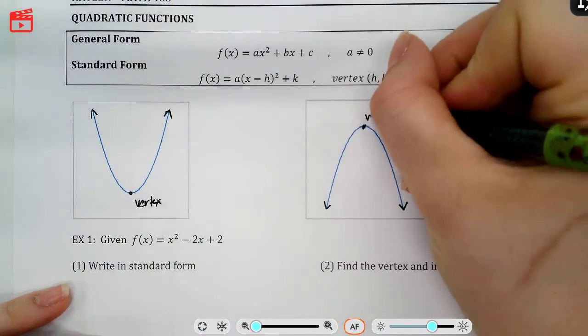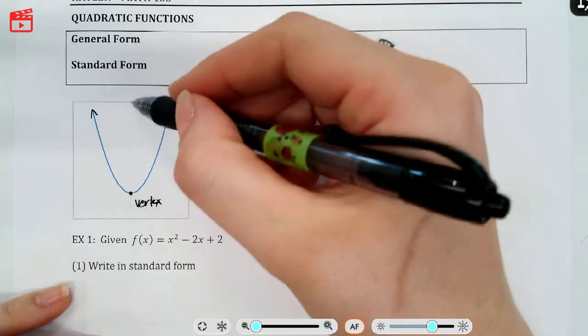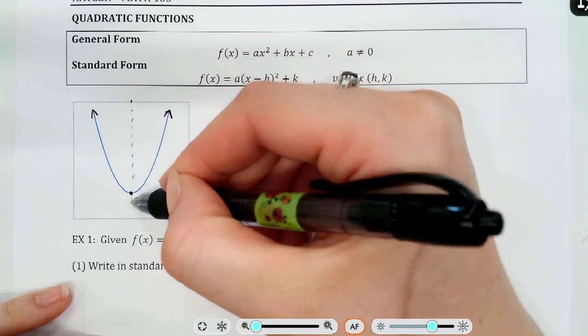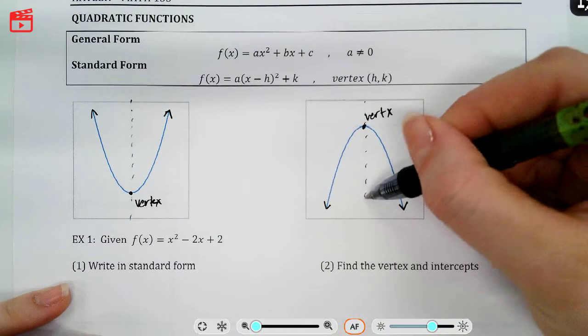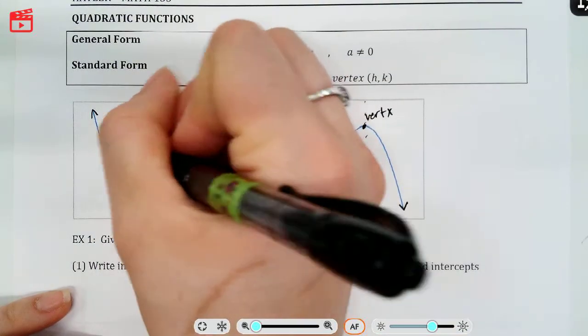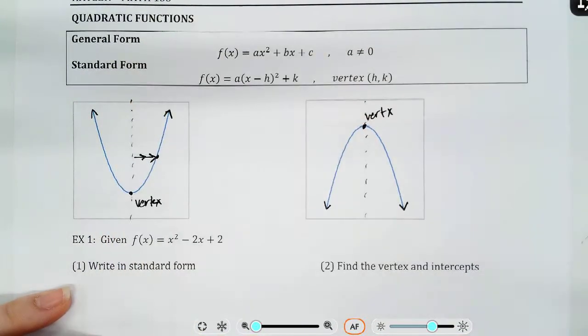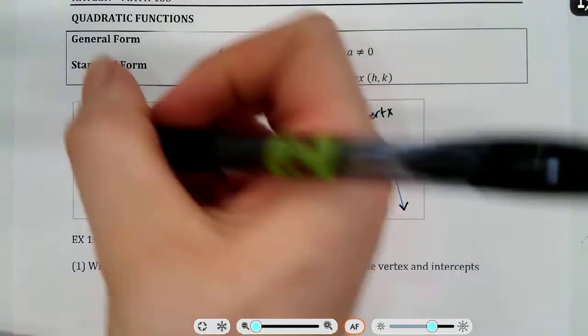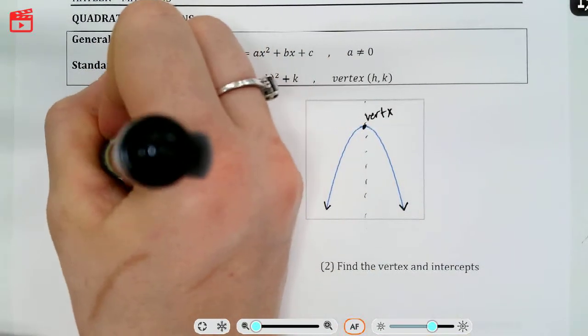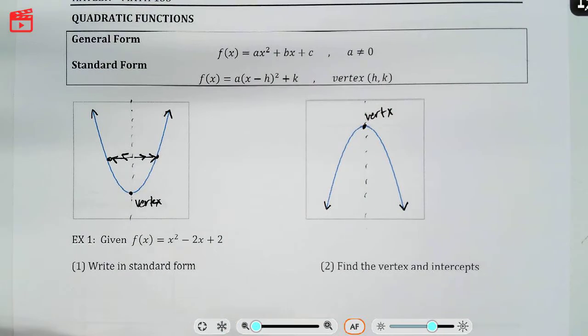The vertex is where the line of symmetry passes through in the middle. If I have a point that is 2 units away, I know there exists a point exactly 2 units away on the opposite side. That's where the line of symmetry comes in.